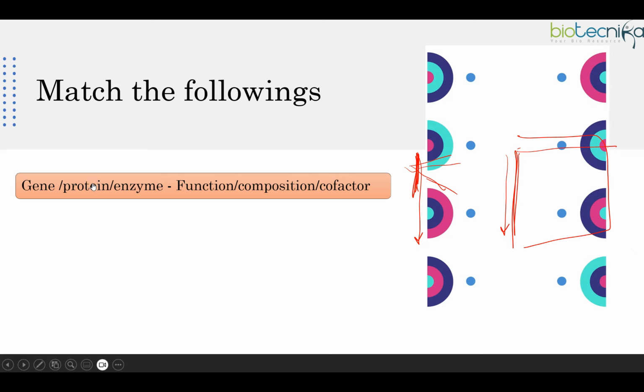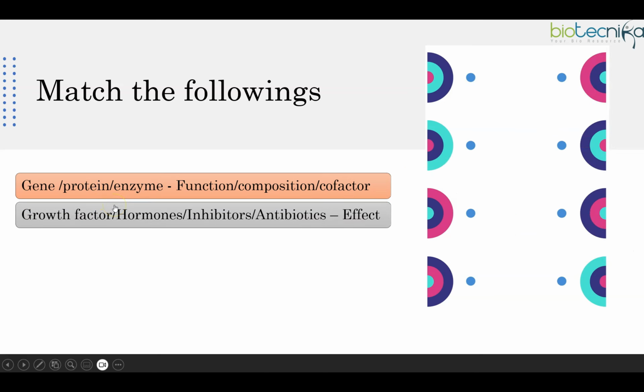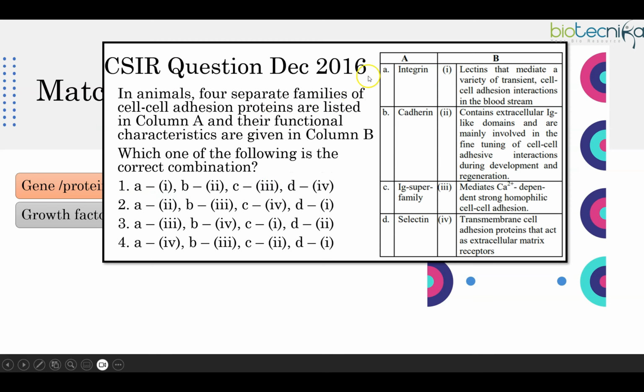Then we have gene, protein, function, or else you can get protein composition, as I said. For example, over here, integrin and cadherin are cell communication, cell adhesion molecules. Again, this is a very important topic, and questions regarding cell adhesion molecules are also very important. So obviously the answer over here will be 4, because try to select the one which you already know.